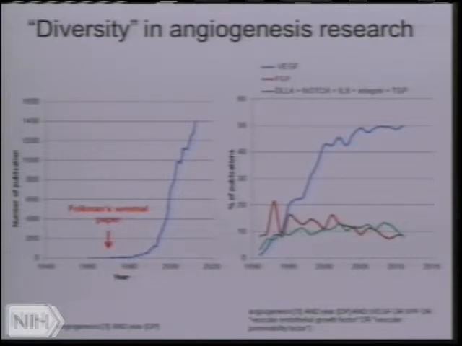And if you put all of the other angiogenesis compounds combined, they're in about 10% of the papers. So that's why I put here diversity. There is kind of a lack of diversity in the angiogenesis field. There are a lot of people focused on vascular endothelial growth factor. And in my opinion, there are a lot of therapeutic opportunities that need to be explored, which will be down here on this graph.